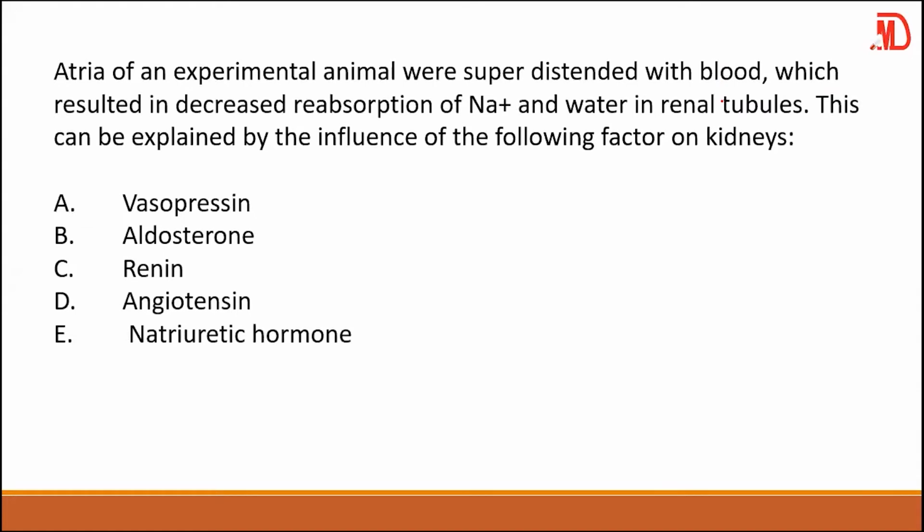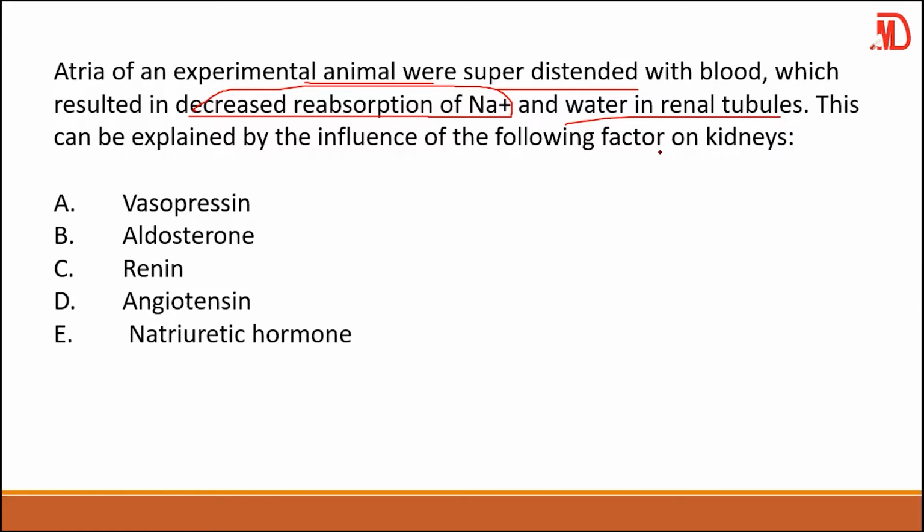Atria of an experimental animal were superdistended with blood, which resulted in a decreased reabsorption of sodium and water in the renal tubules. This can be explained by the influence of the following factors on the kidneys.